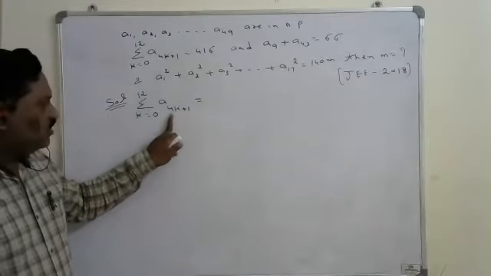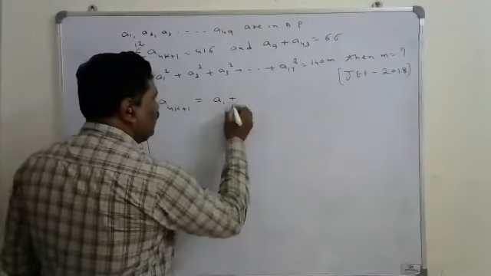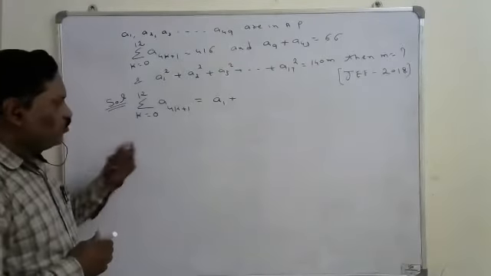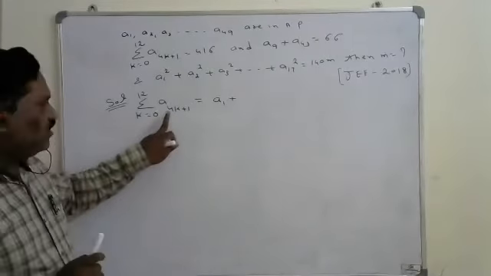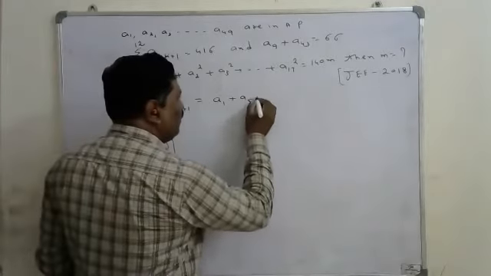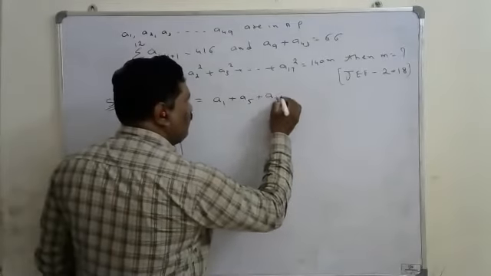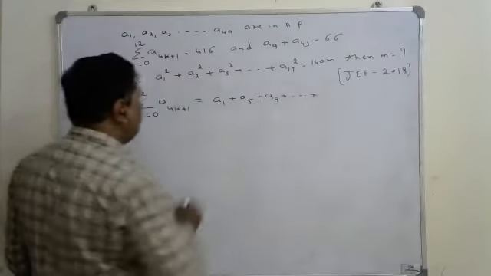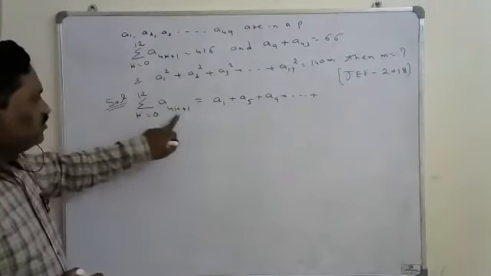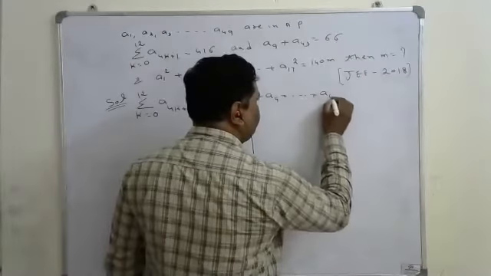Take K equal to 1: 4 into 1 plus 1 is A5. Next, take K equal to 2, that is A9, plus, like that. Lastly, keep K equal to 12: 12 fours are 48 plus 1, that is A49.